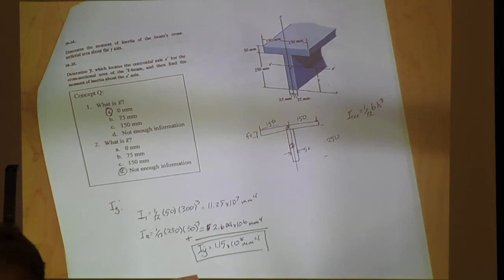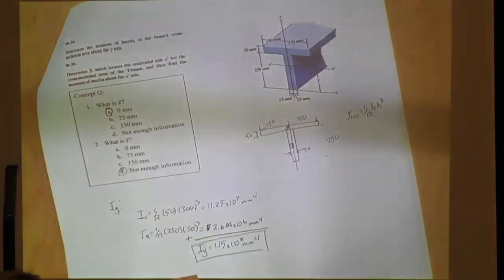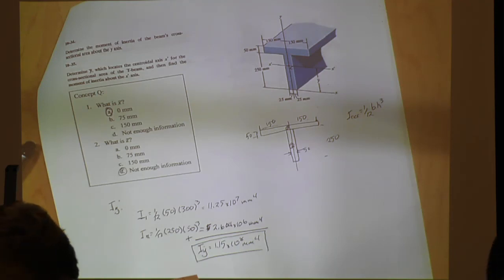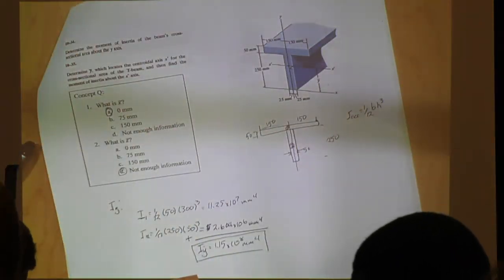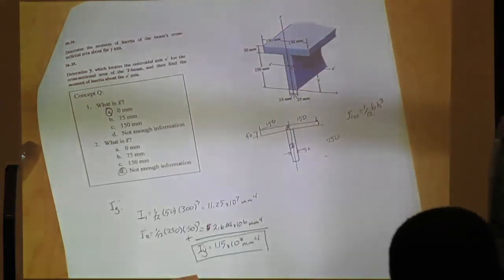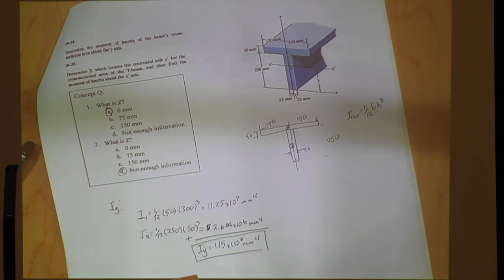Just put 0, 5, if you don't mind. Yeah, just top one 0, bottom one 5.